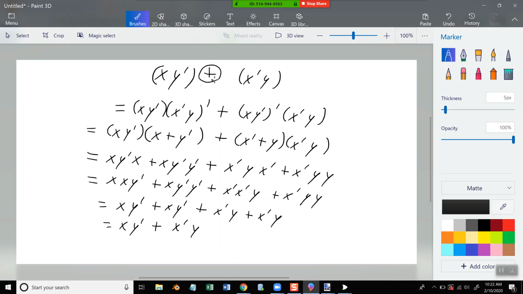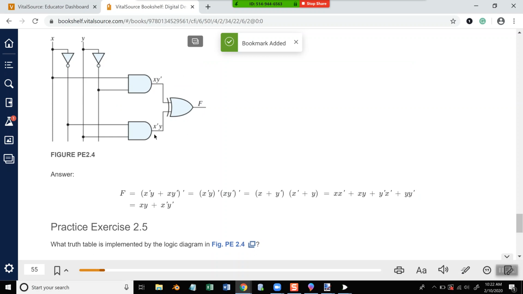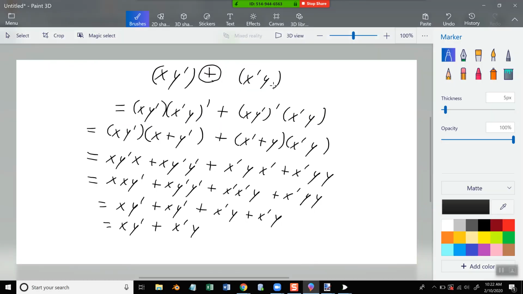X, Y prime, X, Y prime, X prime, Y. Okay. First is same, second's primed. First one's primed, second one just comes down. This I could rewrite in this manner, X plus Y prime. This I rewrite as X prime plus Y. XY prime.